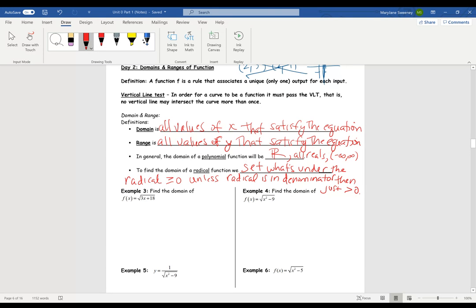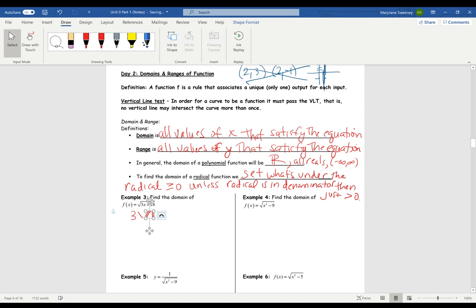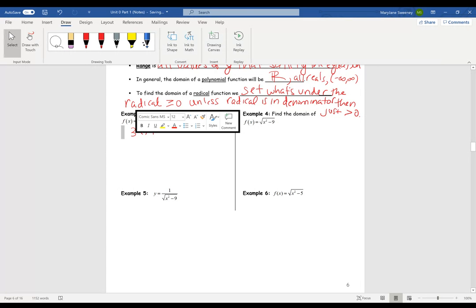So to kind of look at that, here, 3x plus 18, oops, whoa, sorry, 3x plus 18. I don't know what's happening.